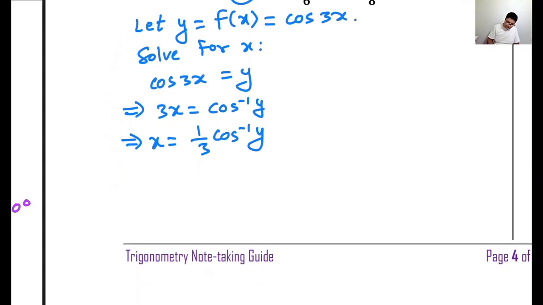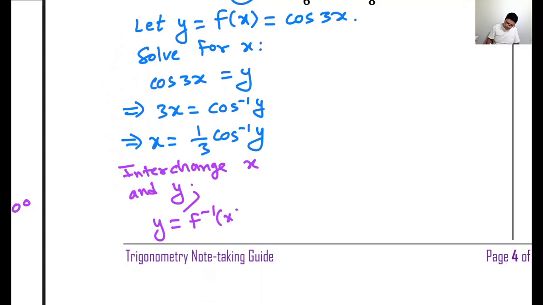Okay, at which point you will interchange x and y. And you get your solution. Y, which is the inverse function now, is 1/3 of cos inverse x. Right? That's how we find the inverse solution.